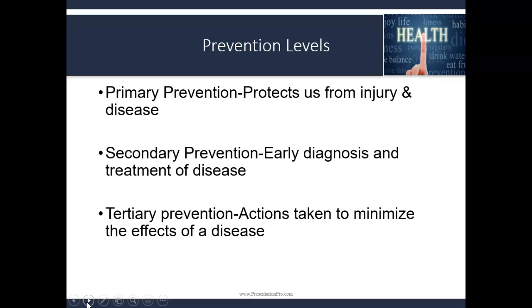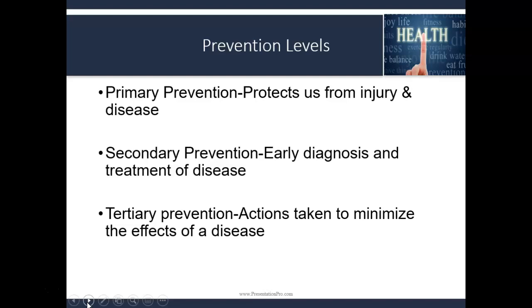So think about these prevention levels when you're reading about the different public health issues and challenges that we have. What does primary prevention look like when we're talking about obesity? What does primary prevention look like when we're talking about diabetes, high cholesterol, stroke? Similar with secondary prevention.